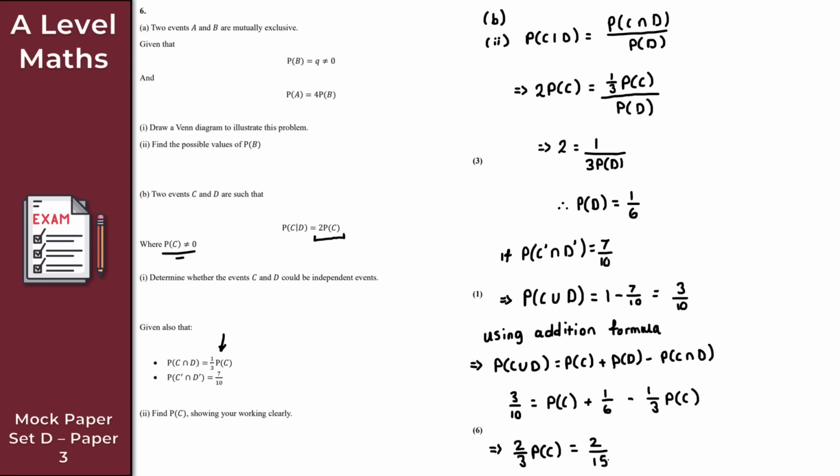And what I want here is just the probability of C, right? So the probability of C is equal to 2 over 15 times 3 over 2, which if we evaluate, gives us 6 over 30, which is 1 over 5, right? So the probability of C here is simply 1 over 5, okay?